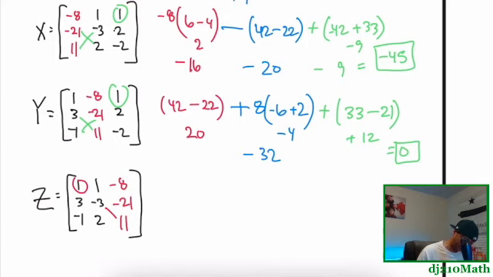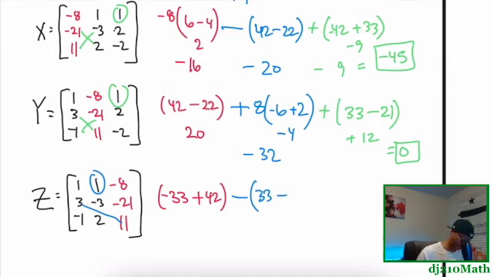This diagonal, negative 33 times this minus this diagonal, which is negative 42. So plus 42. Minus 1, that's nice, times 33 minus positive 42, positive 21.